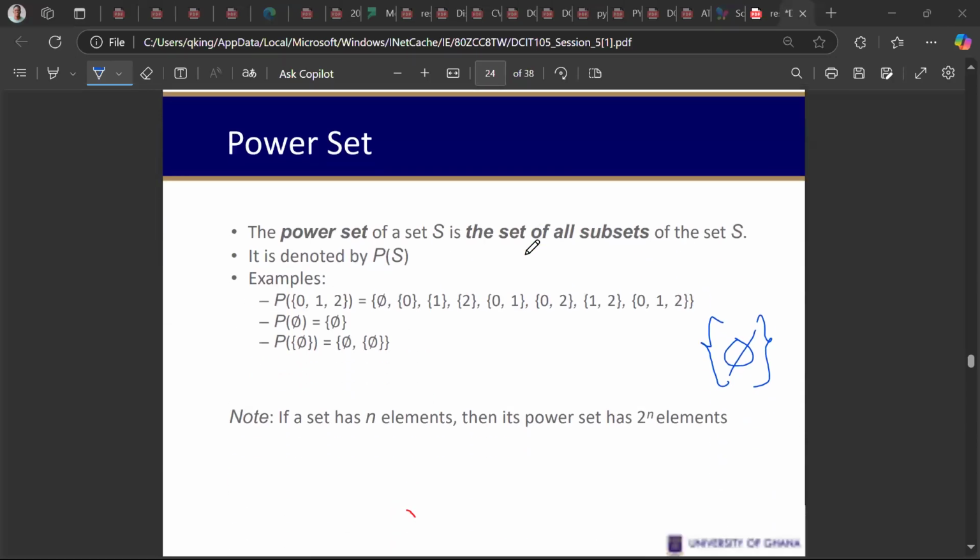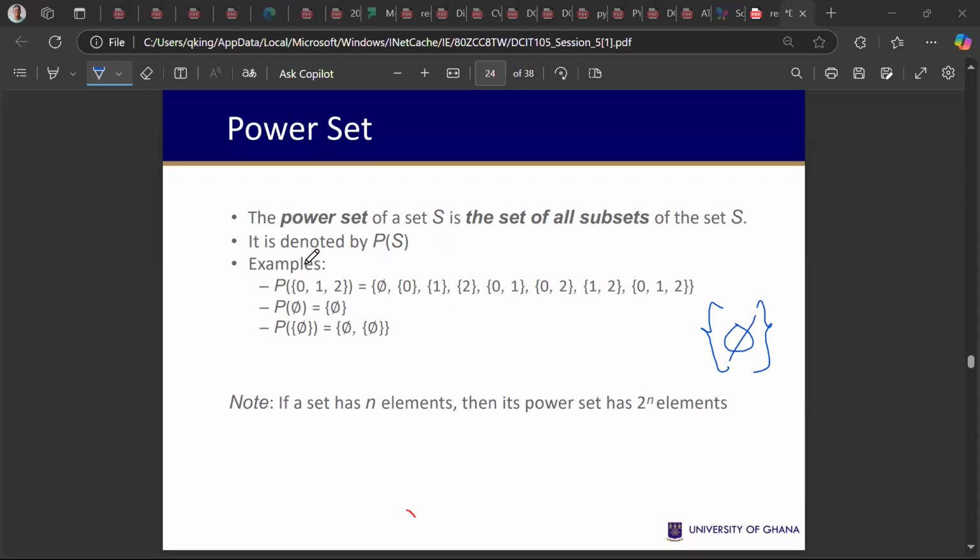So I want to look at the power set. The power set of a set S is the set of all subsets of the set S, denoted as P(S). For example, when we have the set {0, 1, 2}, the elements of the power set are: first of all, we have our null set, then {0}, {1}, {2}, and then we combine them.